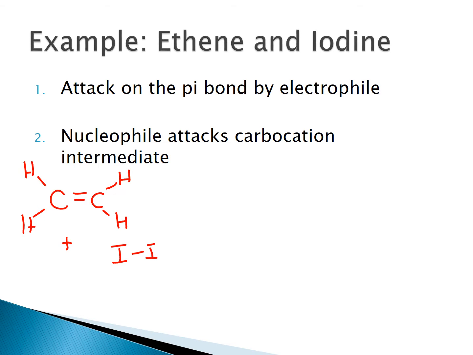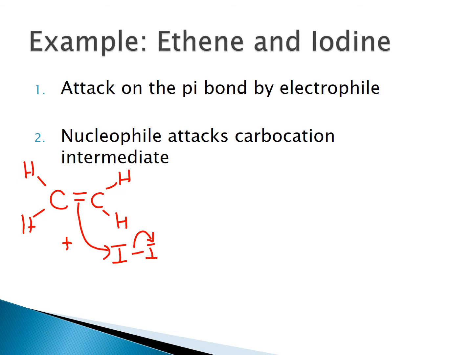Now, when we show this, though, it's a little bit funny because even though the electrophile is attacking, we're still drawing the arrow from the double bond to the iodine. Okay, and that's because, remember, the arrows are not trying to show the attack necessarily, they're showing the movement of electrons. All right, so the double bond electrons go to one of the iodine atoms. It's symmetrical here, so it doesn't matter which one. And then we have heterolytic fission occurring with the bond between the two iodines.